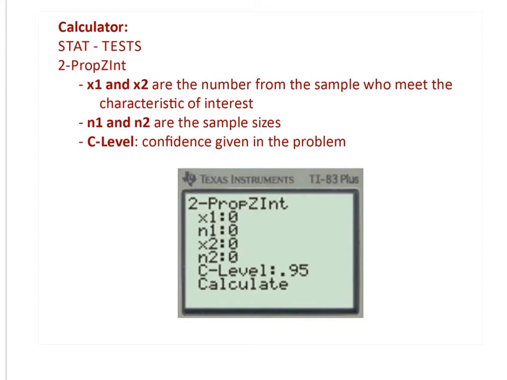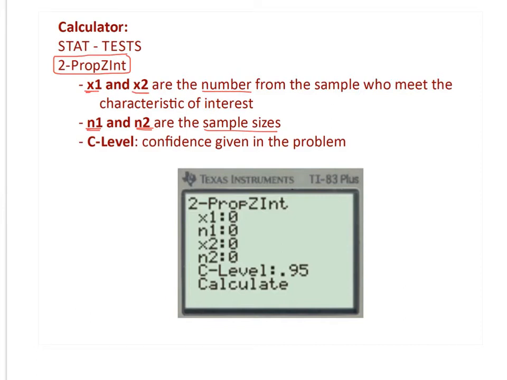Like always, you can use your calculator to find the actual interval. Once you show your substitution into that giant formula, you can then do stat, test, 2-PropZInt, because we're making an interval. x1 and x2 are the number from the sample who meet the characteristic of interest, n1 and n2 are the sample sizes, and the confidence level is given in the problem.